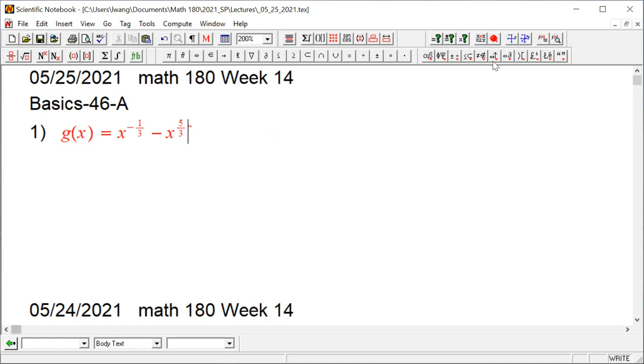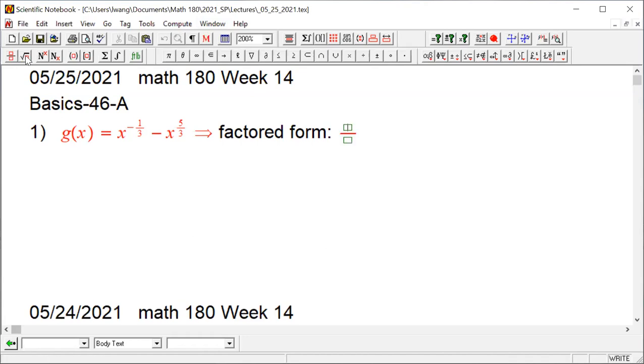Okay, we want factored form. What is a factored form? Factored form is basically you have multiplication and division. You have factors.